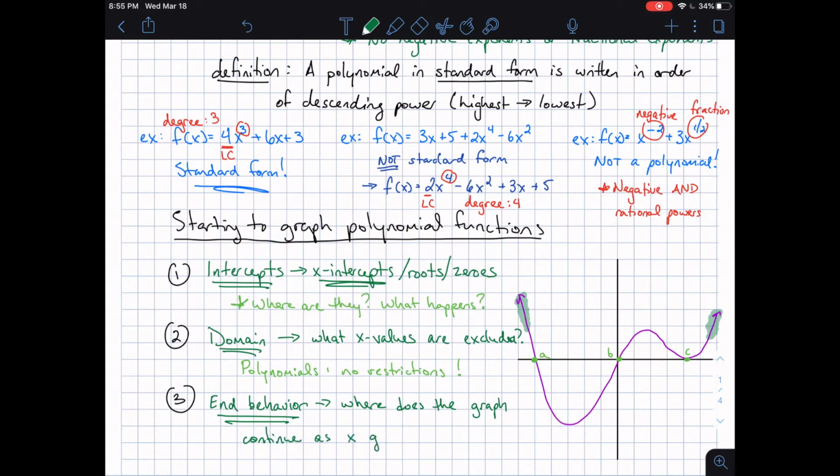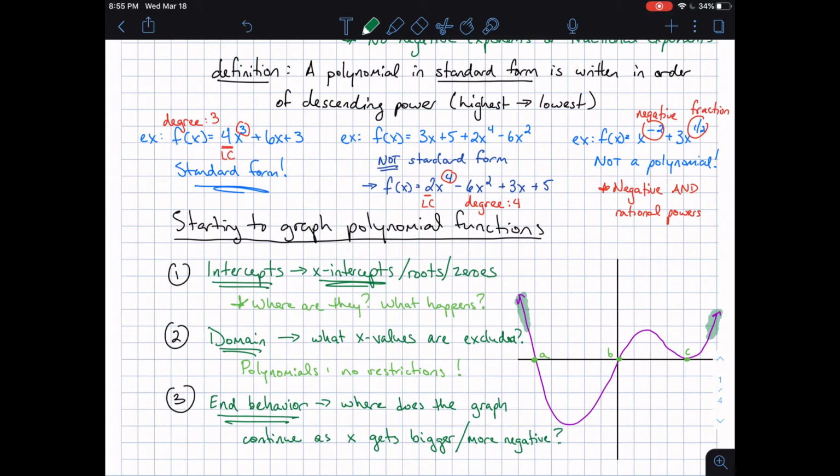As x does one of two things. As x gets bigger, or what I'll say, normally we would say or smaller, but in the interest of being precise, our number is not necessarily getting smaller as much as it's getting more negative. Right? I could have a really large negative number, right? Negative 1 million is not a small number.